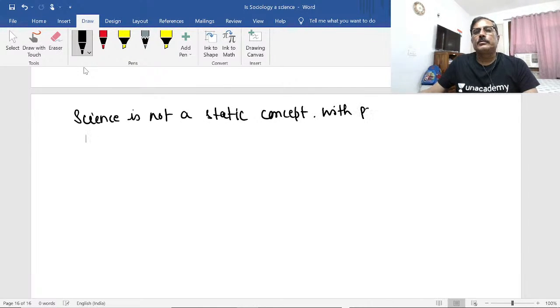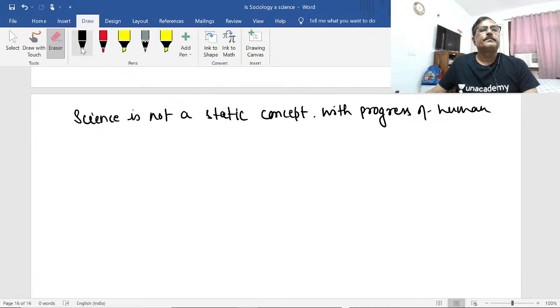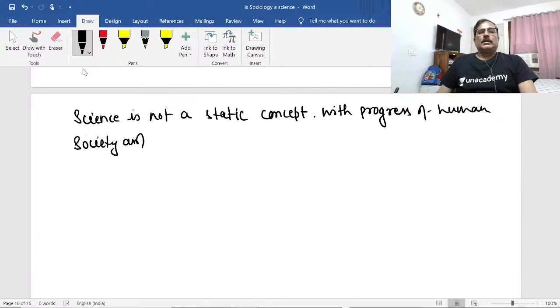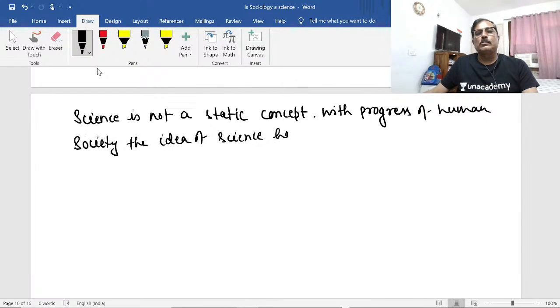With the progress of human society and growing area of interest, the idea of science has also changed.